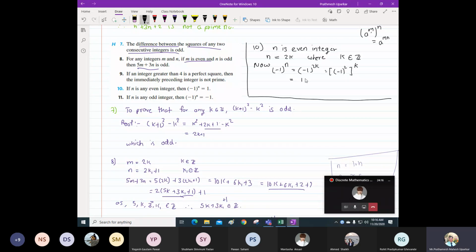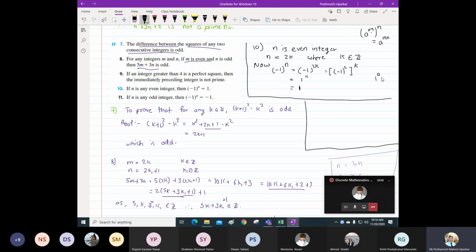One. So 1 raised to k. 1 raised to any power क्या होता है? 1 raised to square, 1 square is 1. 1 cube, again 1. So 1 को कितनी भी बार multiply करो? What is the power? 1 raised to anything is 1.